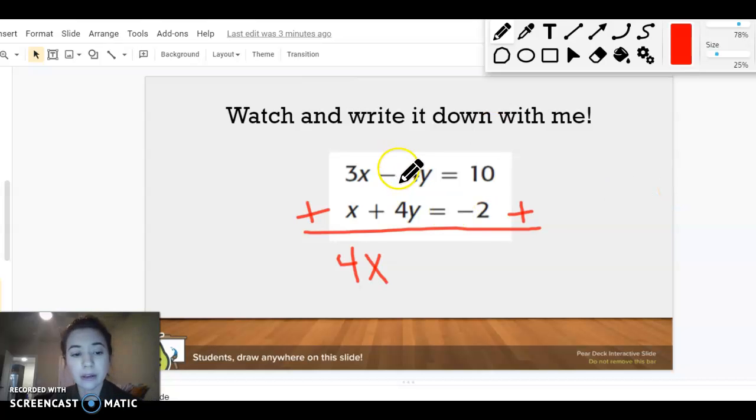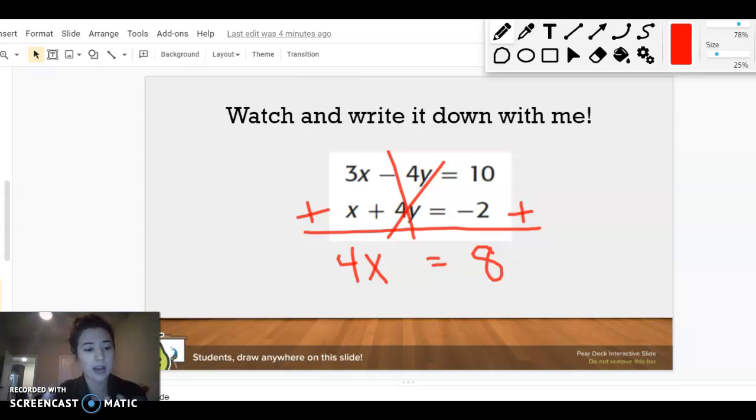And then we have a negative 4y and a positive 4y. Negative 4 plus 4, or 4 minus 4, gives us 0. So those go away, and that's why we call it the elimination method. Because I have this negative 4 and this positive 4, two numbers that are equal but opposite, so they cancel out. And then we have equals 8 on the other side.